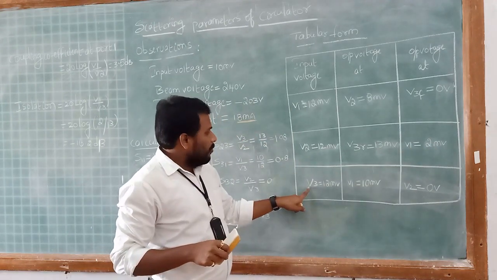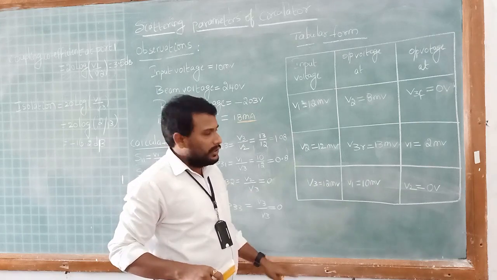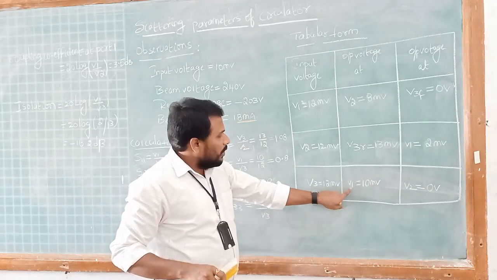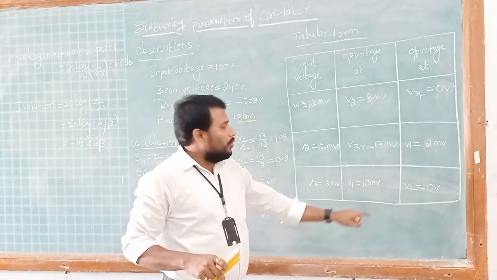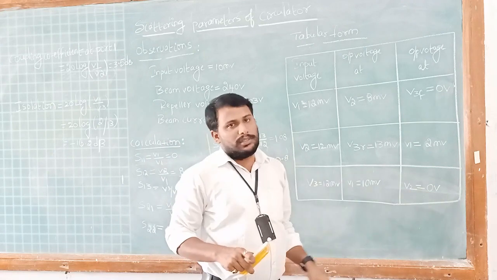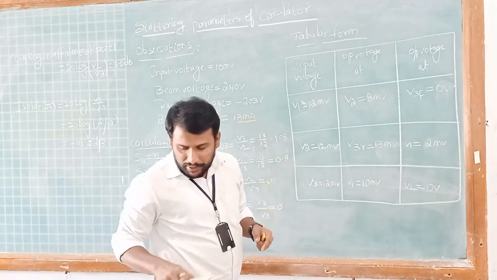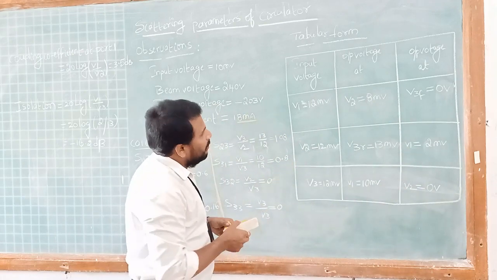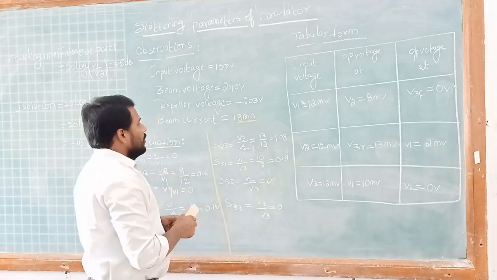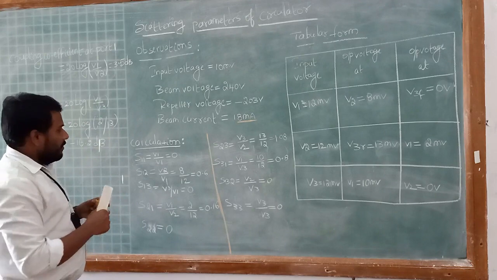And third, voltage at port 3 is 12 millivolts, voltage at port 1 is 10 millivolts, voltage at port 2, V2, is 0 volts. So these are the values we found in the laboratory. By using these values, you have to find the scattering matrix for the circulator.